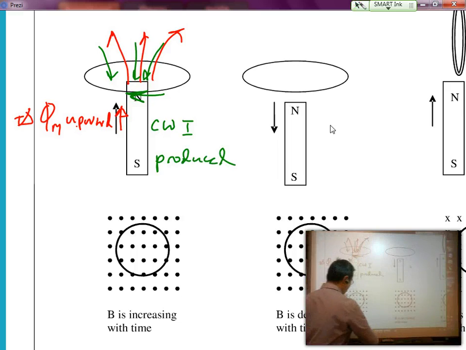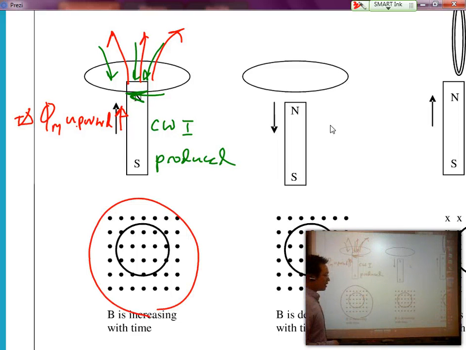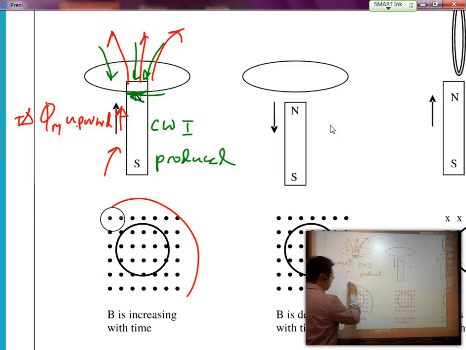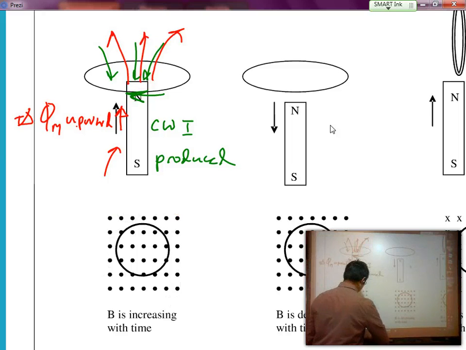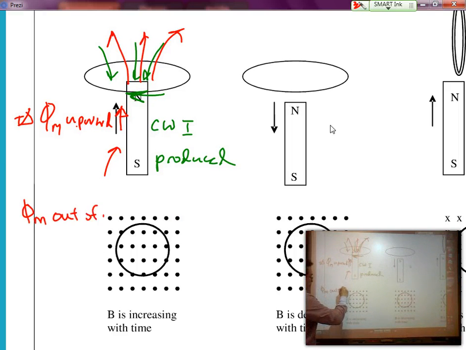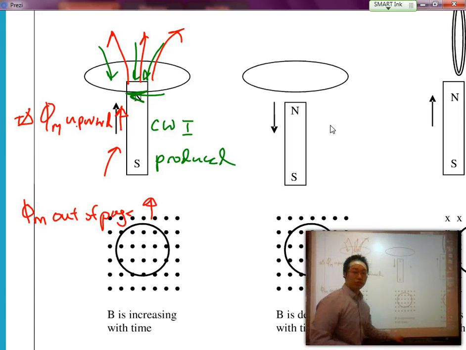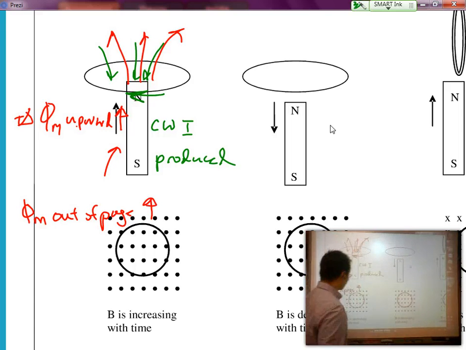This example over here is the same problem as above, but it's just turned to look a little bit different. In this problem over here, they say the magnetic field is increasing with time, which means that the flux that's going out of the page is increasing. So the loop is going to try to weaken it by creating its own magnetic field into the page.